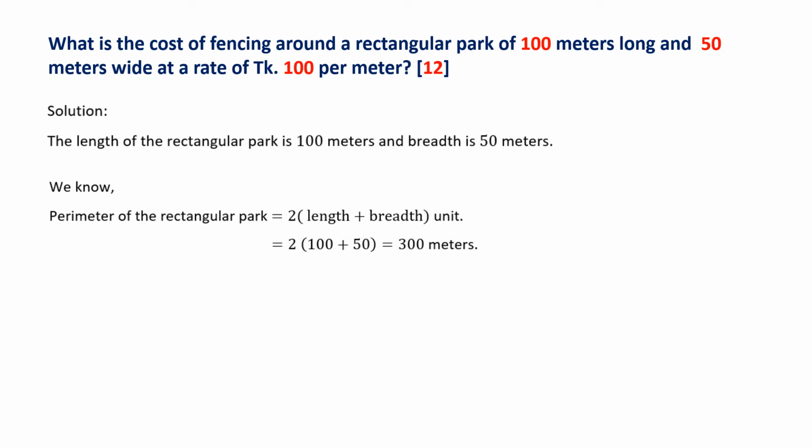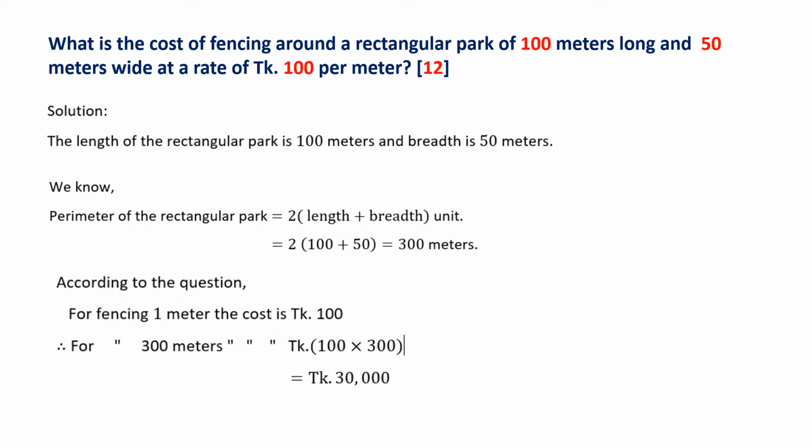Now for a unit meter, the cost is taka 100, right? So we have 300 meters. For fencing 1 meter the cost is taka 100, and for fencing 300 meters the cost is taka 100 times 300, which is 30,000, because the question says at the rate of taka 100 per meter.